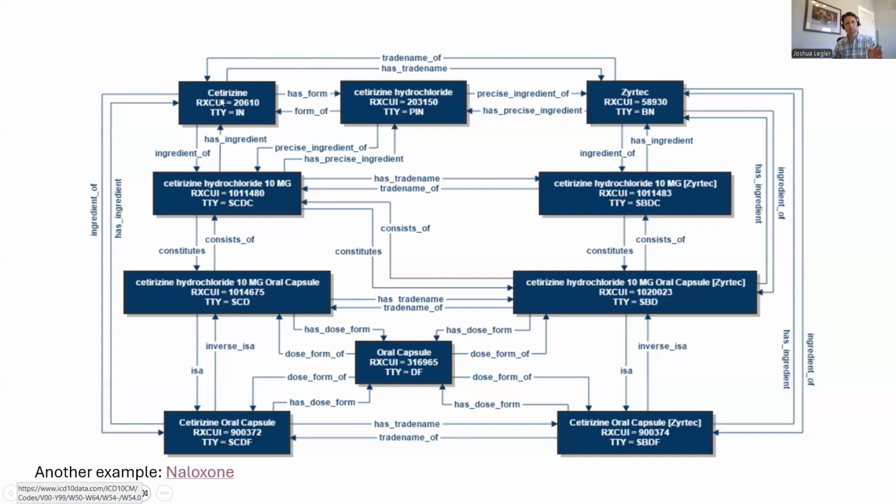So RxNorm defines these relationships so that if you have the code for Zyrtec, you can follow the path and find out that it's cetirizine. And even specifically, if it's the Zyrtec cetirizine oral capsule, you can trace the relationships back to the ingredient of cetirizine. I'm going to show you a live example for naloxone.